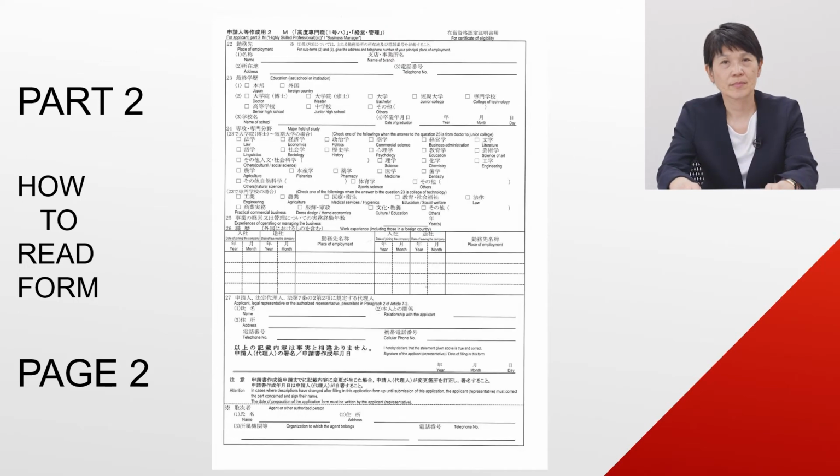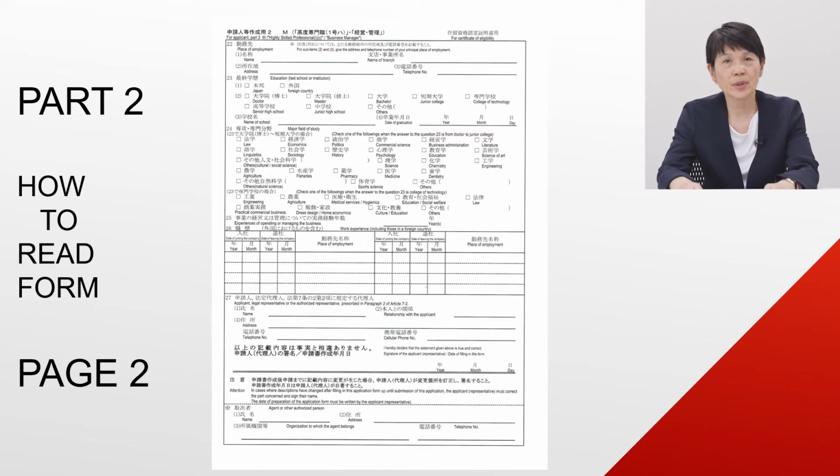Page 2. It is about your academic career and job career. Since business manager status does not require any job career nor academic career, you do not have to attach any supporting document regarding your job and academic career.